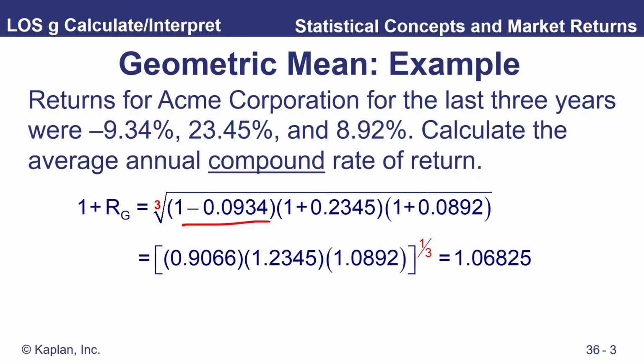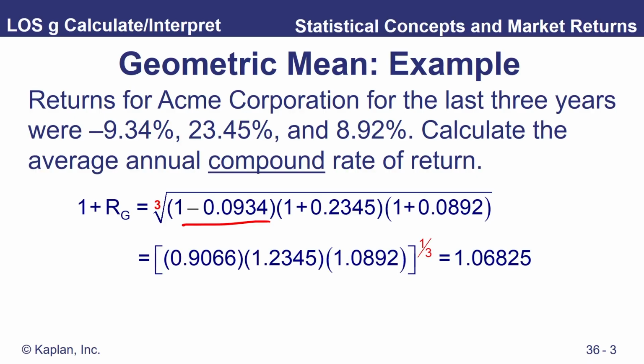And of course, raising something to the power of a third is the same as taking the cube root. Okay, so you're going to need to do this. Whilst your calculator does have a square root function, it can't do anything other than square roots. Can't do cube, can't do the fourth root, etc.